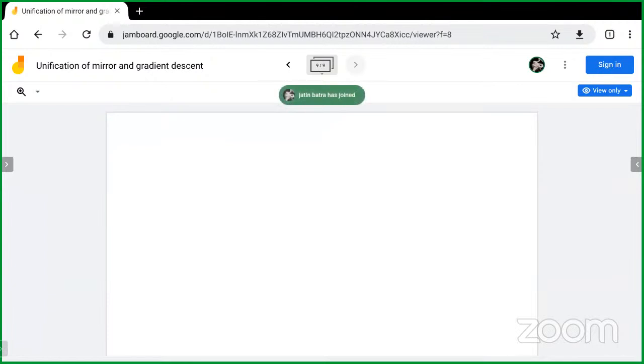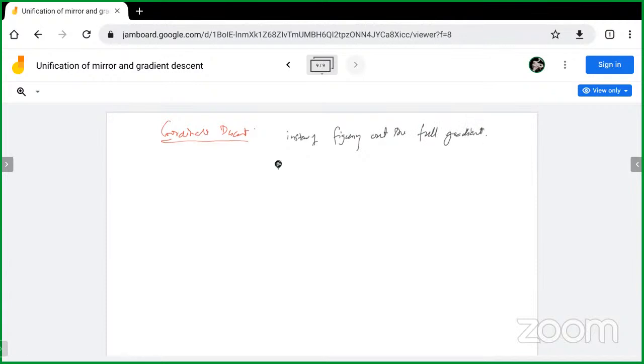So just recall what coordinate descent is. The idea is that instead of getting a full gradient, you sample a coordinate and update only that.